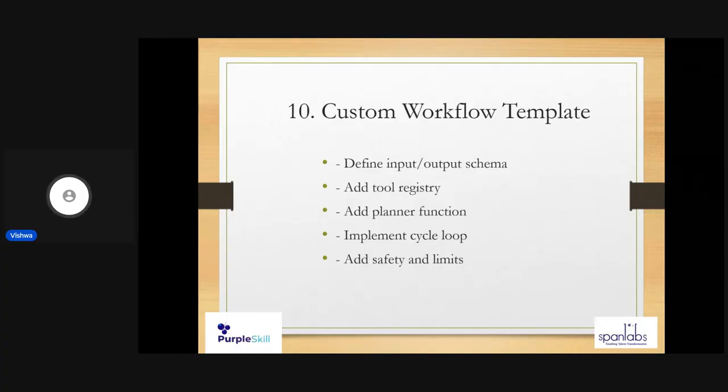We can have a tool registry, which will contain all the tool calls that can be available within our workflow, and the agent can decide which tool is necessary to solve the given problem, correct? We can add a planner function, implement cycle loops, and add safety and limits. Safety and limits are very necessary, else the solution will never come out. It will keep on running n number of times till the solution comes out.